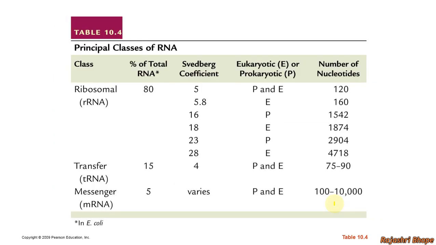This is the total percent of RNA. rRNAs are 80%, tRNAs are 15% of the total RNA and mRNA is 5% of the total RNA.